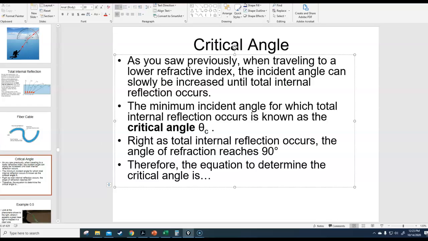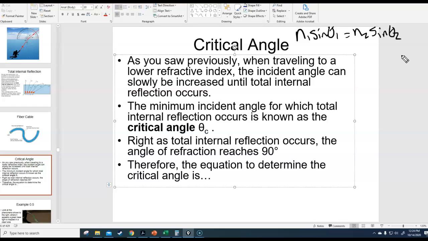If you think in terms of Snell's law, you have n1 sine theta 1 equals n2 sine theta 2. What happens when you're going from a higher to a lower refractive index is that as you increase theta 1, theta 2 also increases. But the highest value that theta 2 can ever have is 90 degrees.